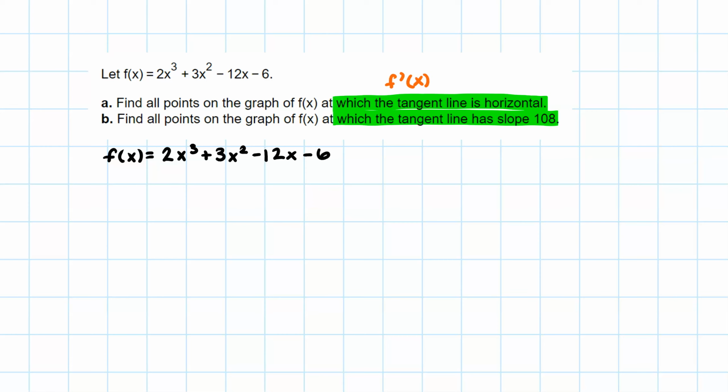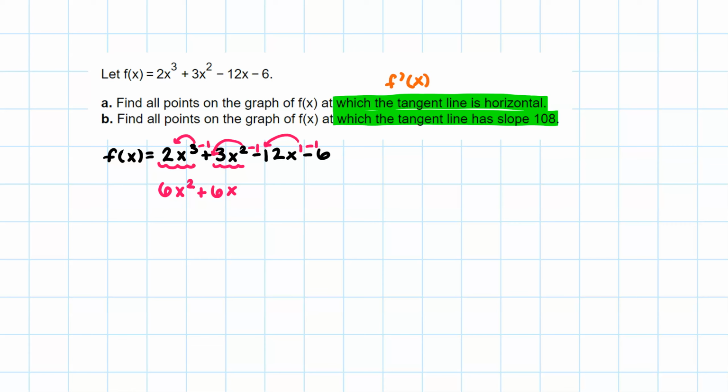So the derivative of 2x cubed, we're going to bring the 3 down and down. So we'll have 6x squared plus the derivative of 3x squared. So we're going to bring the 2 down and down. So I have 6x. And then this is x technically to the 1. So we bring the 1 down and down.